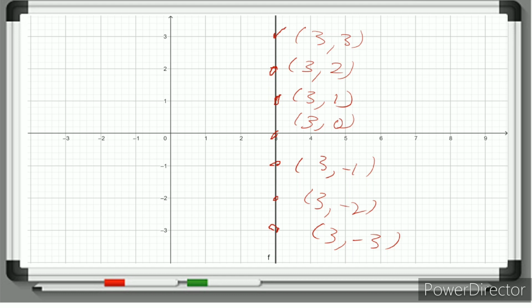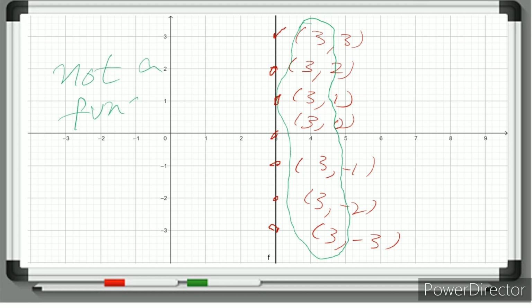When you see all these ordered pairs, boys, very carefully, the first coordinate is 3. All the ordered pairs have the same input. No two ordered pairs should have the same first coordinate. If two ordered pairs have the same input, the given graph is not a function.